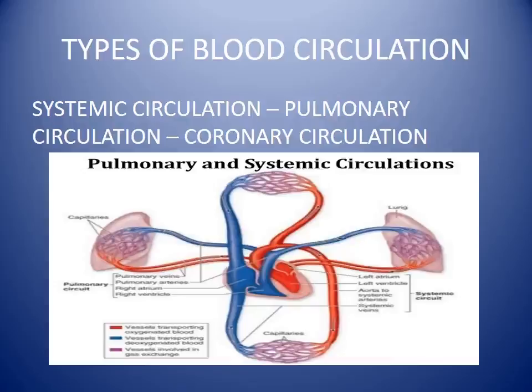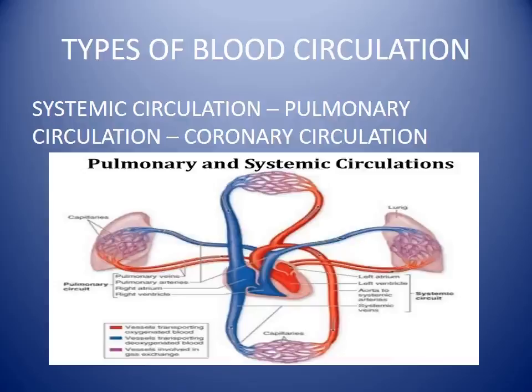What is single circulation? In some animals, oxygenated and deoxygenated blood are mixed and pass through the heart only once. That is called single circulation.